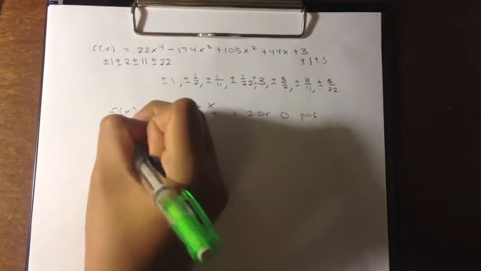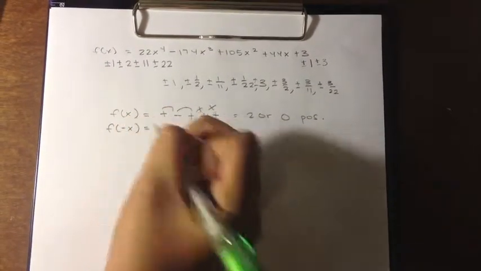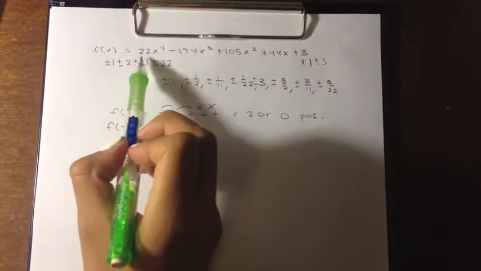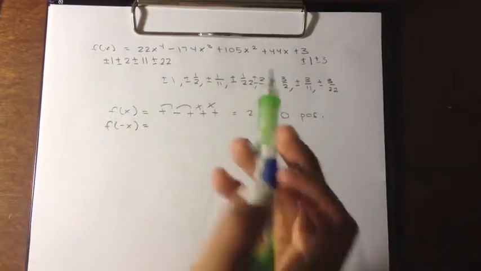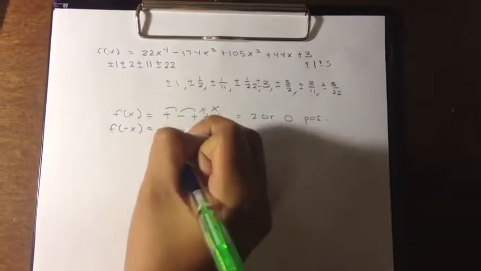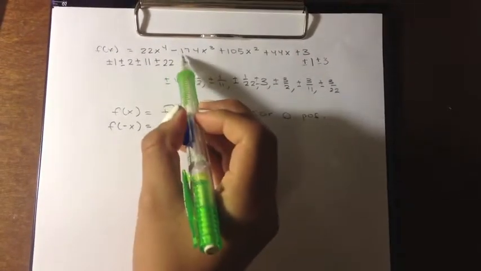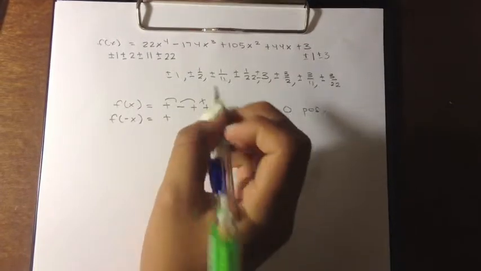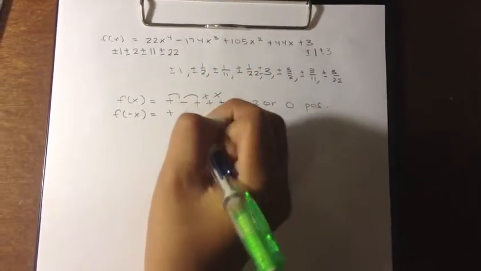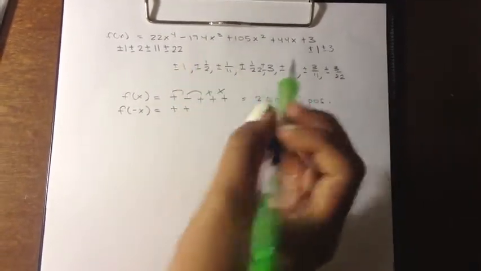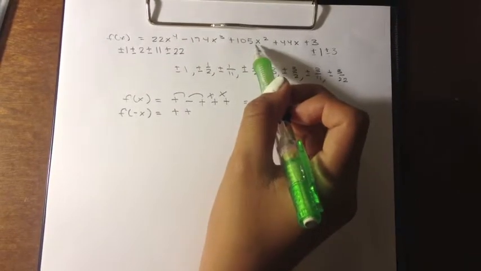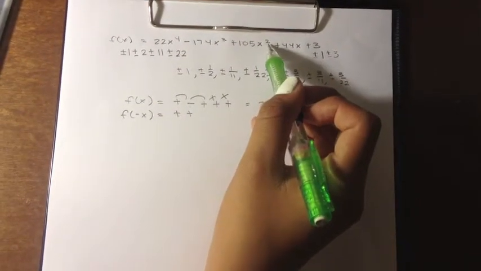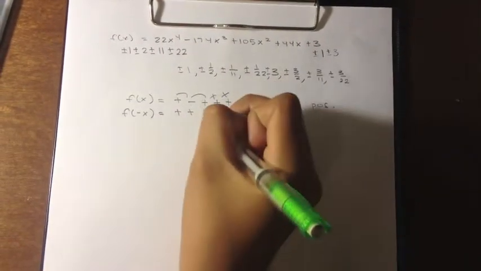And f of negative x: the 22x to the fourth stays the same, so it stays positive. The negative 174, because it's x to the third, changes signs, so it changes from negative to positive. The x squared term stays the same.